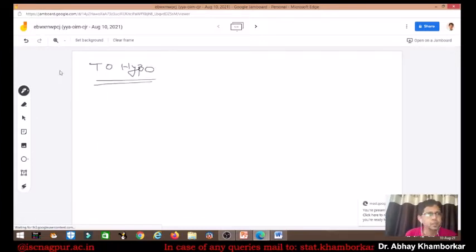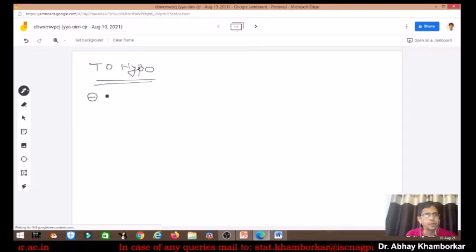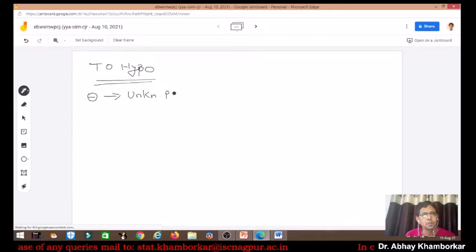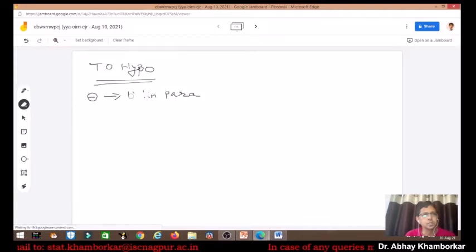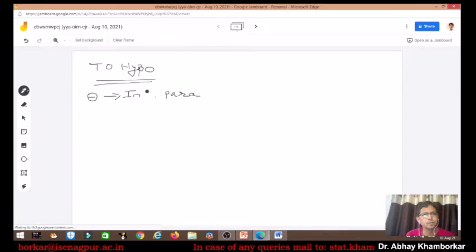Now in testing of hypothesis, the parameter, if it is theta, is an unknown parameter. We have certain information about this parameter, and we want to test whether this information is true or false.